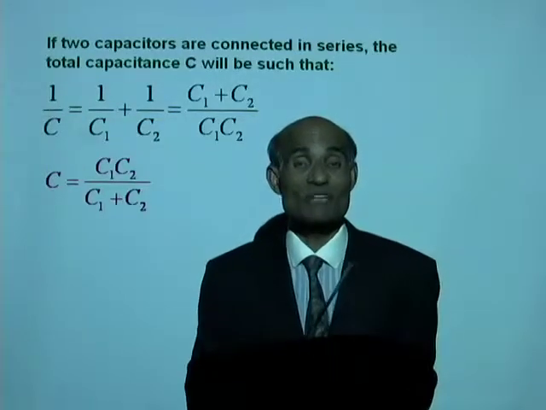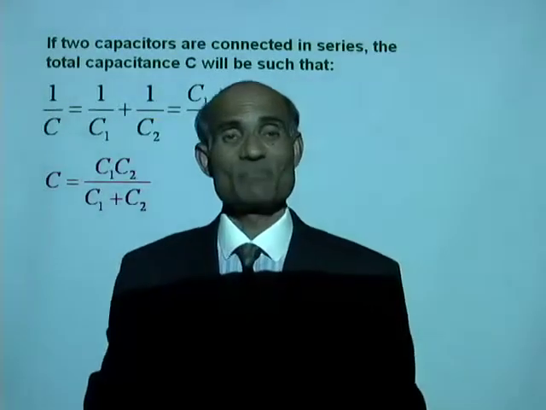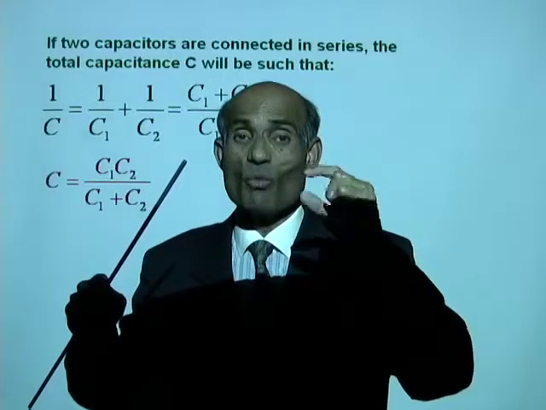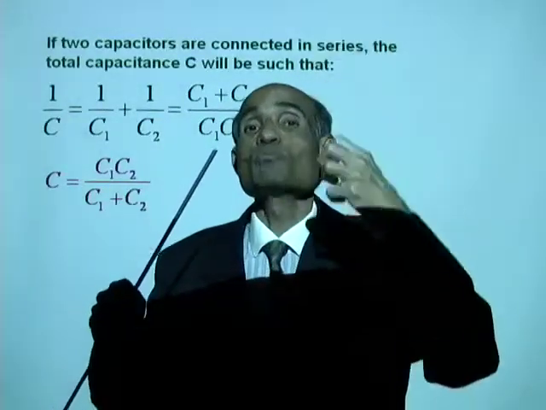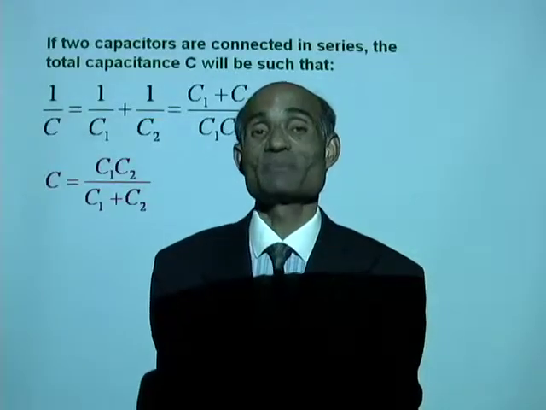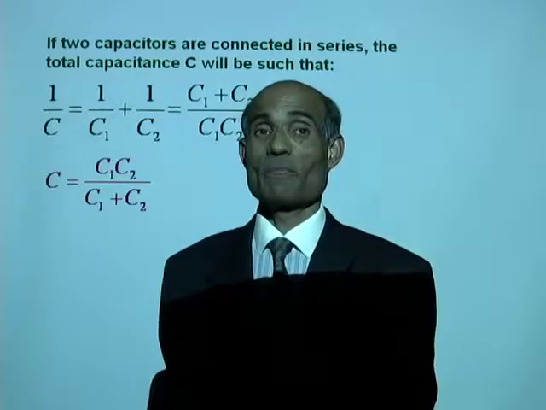A very important relation. Now tell me if you know what that relation is. When capacitors are connected in series, will the total capacitance be greater or smaller than any of the capacitors we used here? What do you think? Well, take an example.